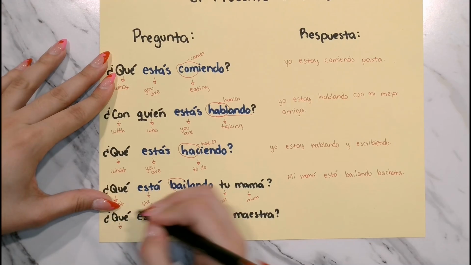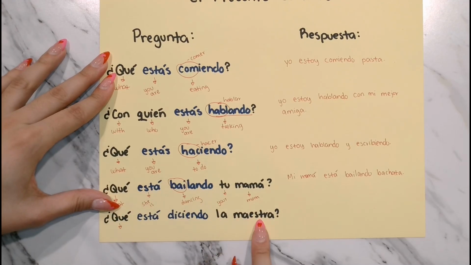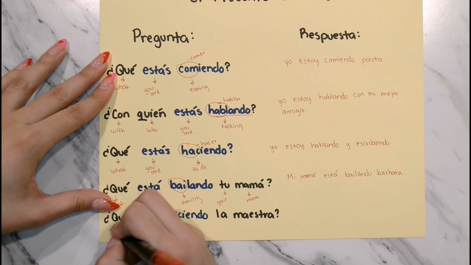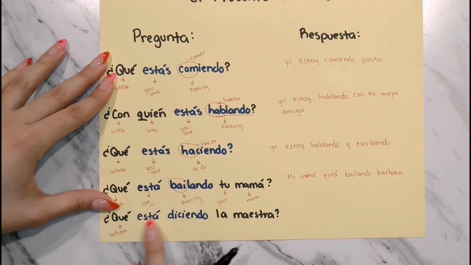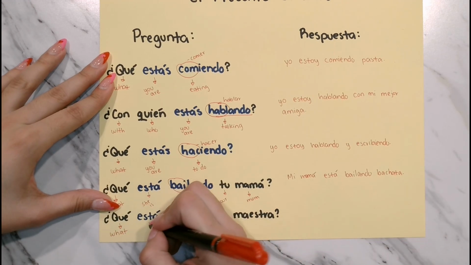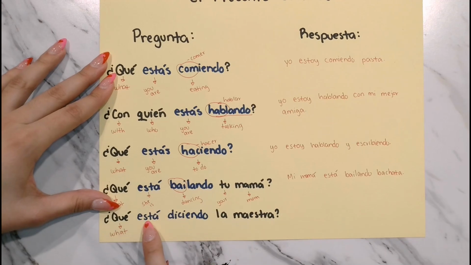We have what? ¿Qué está diciendo la maestra? What? Now we know that this is the third person, she, he, you formal. Okay? Now we're gonna use she is like this question right here because la maestra is talking about a female. Okay?